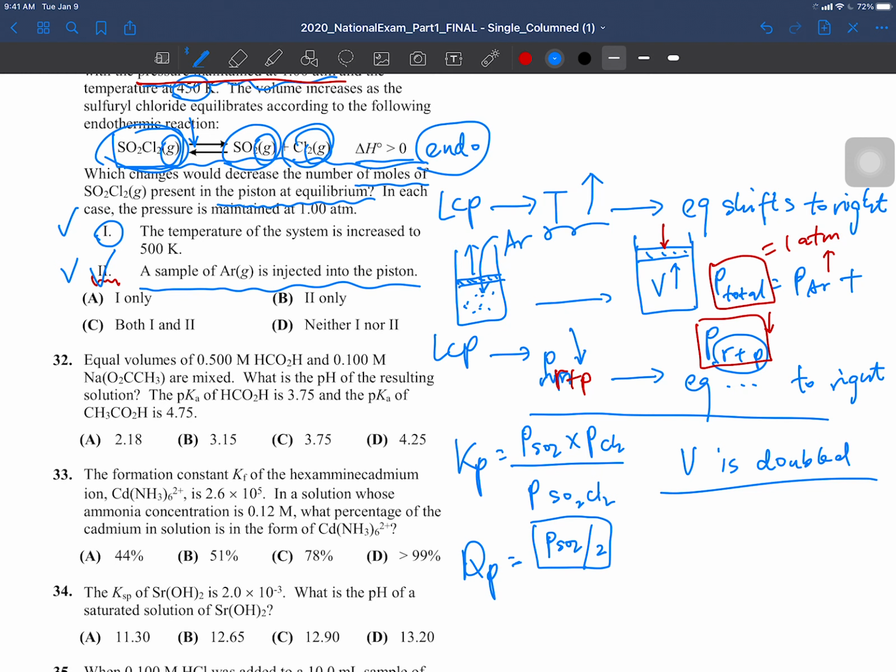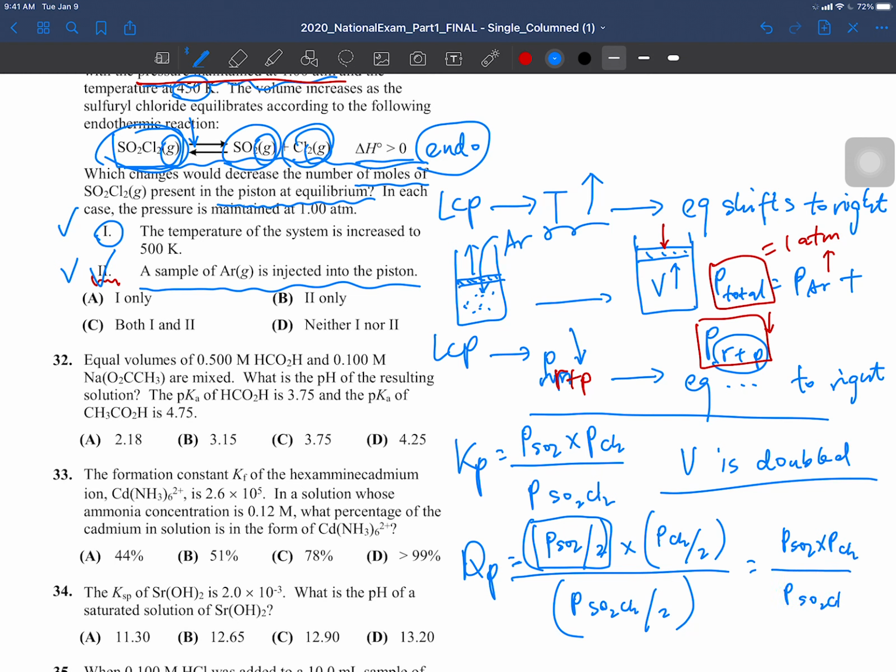Because the volume is doubled, which means the initial pressure is halved. And then times the PCl2 divided by 2, and then the PSO2Cl2 divided by 2. So it turned into the PSO2 times the PCl2 over the PSO2Cl2 times 1/2.